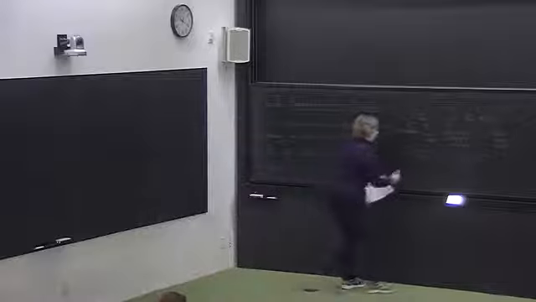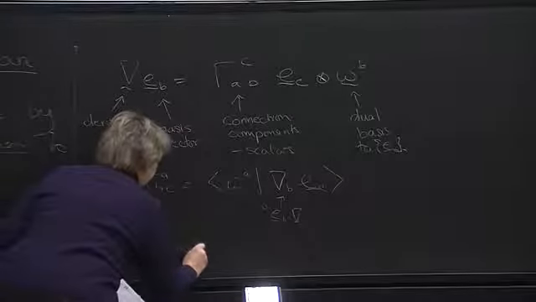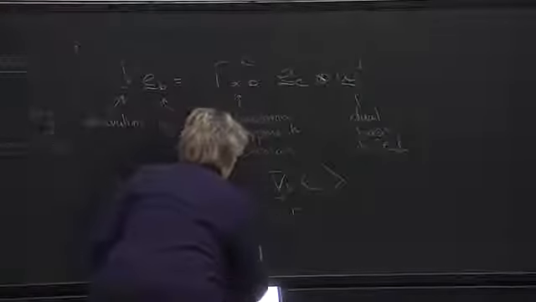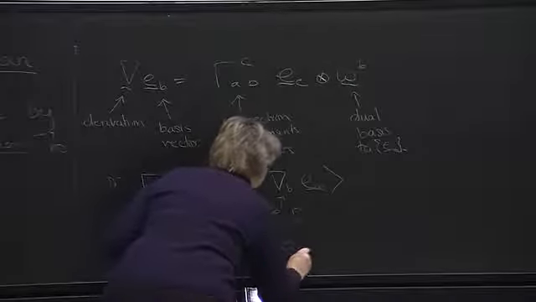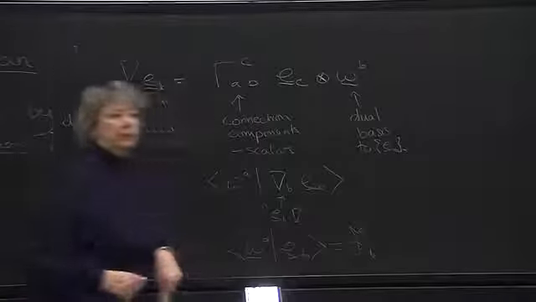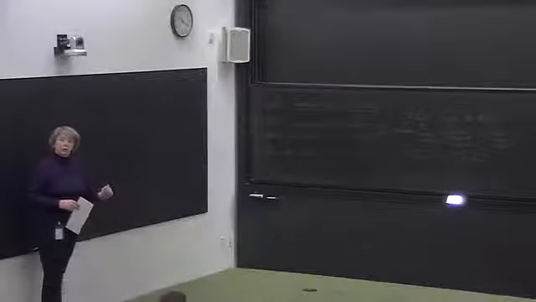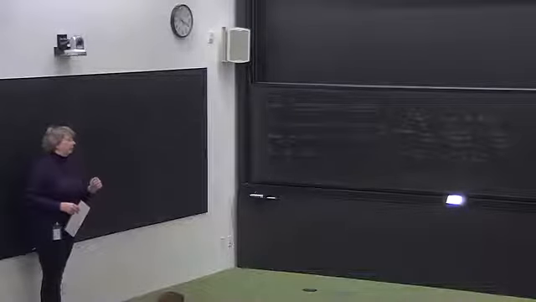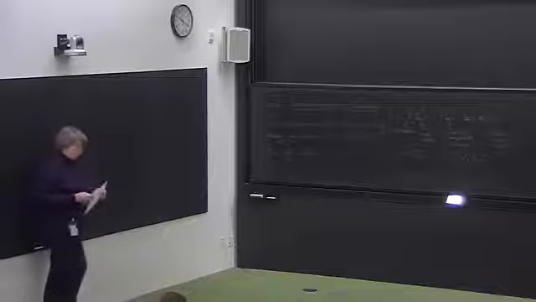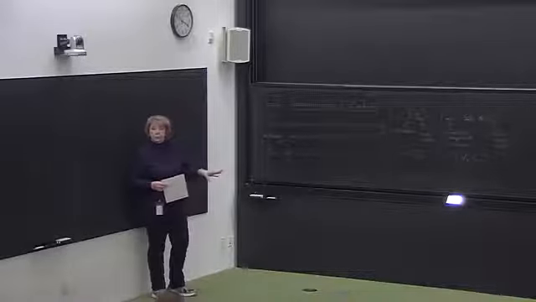Just as a reminder, dual basis means that when you have omega A as a form acting on E_B, the vector, if A equals B, you get 1. If A does not equal B, you get 0. And of course, we've got no metric at this point. Okay?